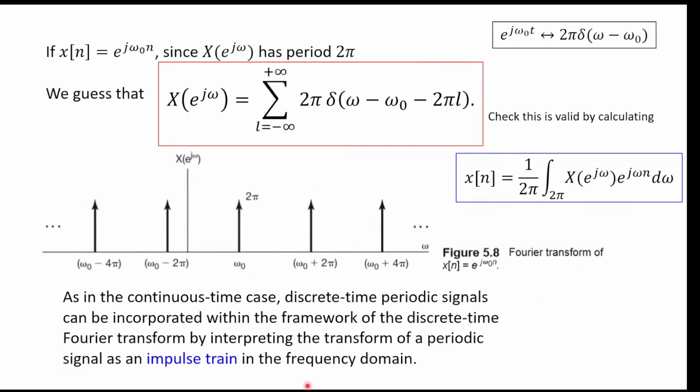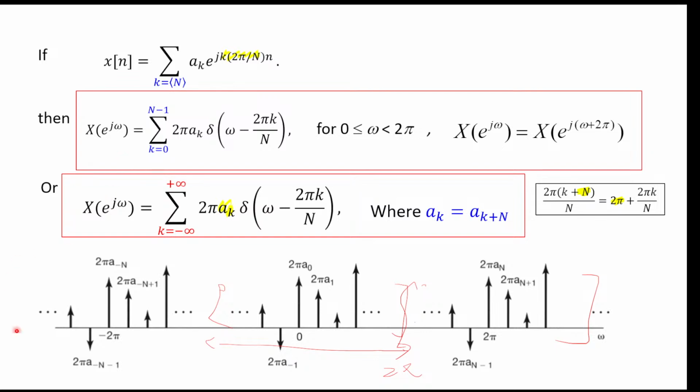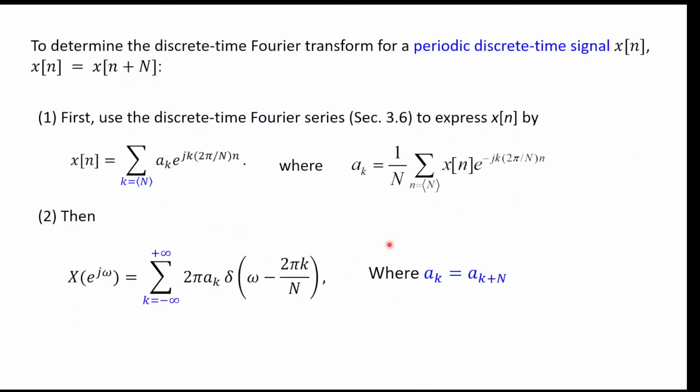But remember that our frequency domain signal is periodic with period 2 pi, so what we'll get is a linear combination of a whole bunch of impulse trains, because every impulse should be repeated every 2 pi. We'll see the details of the algebra next time.